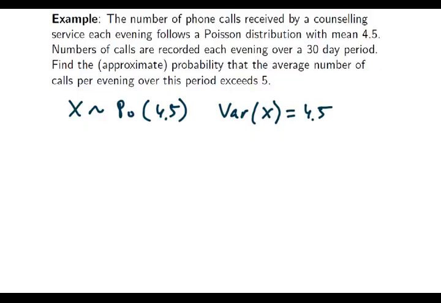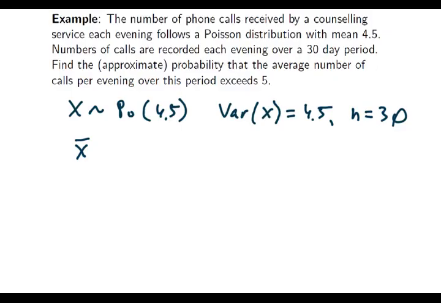It's a property of Poisson distribution. And we also know that we have a sample of size 30. Then the average number of calls per evening over this 30-day period is the sample mean.